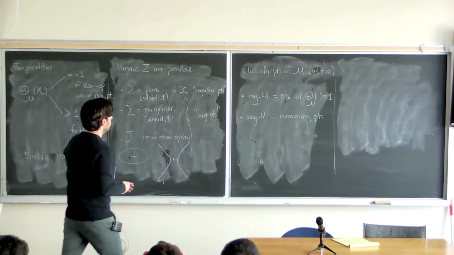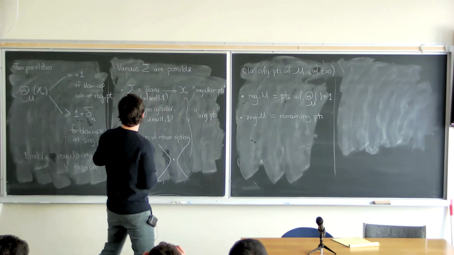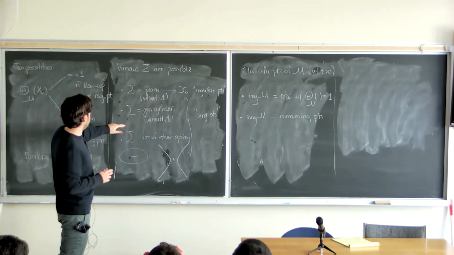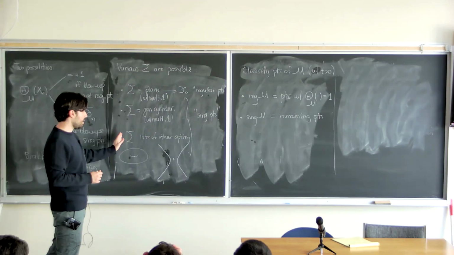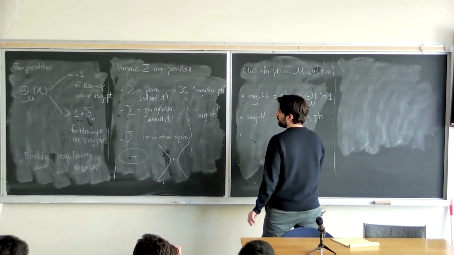Among the singular points, I'm going to decouple these from all the others. This is non-standard. I'll call these my good singular points, and I'll call these my bad singular points, and I'll explain why I'm using this non-standard notation.